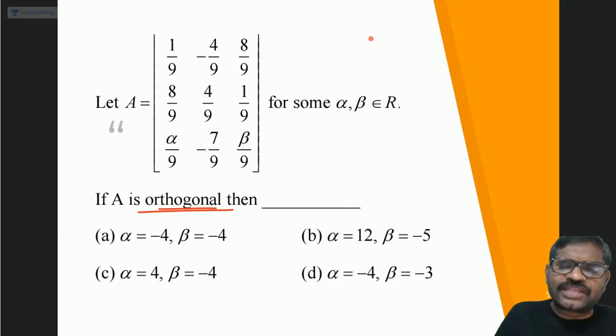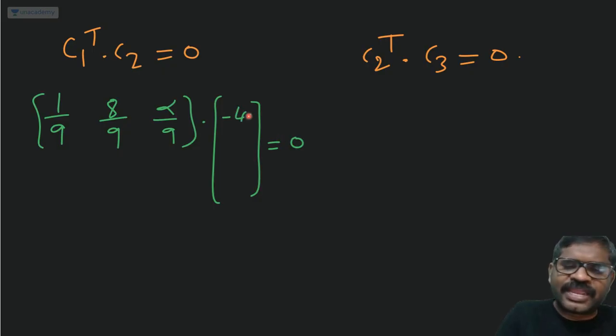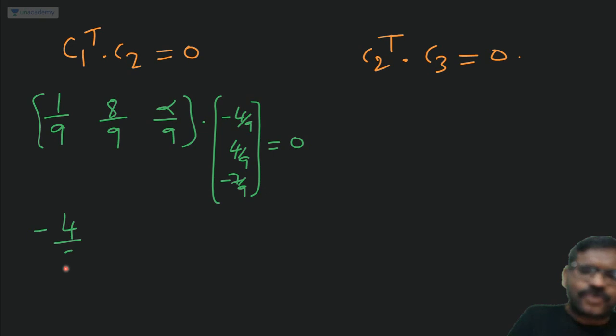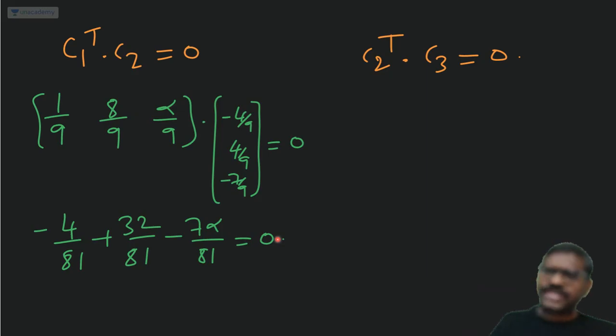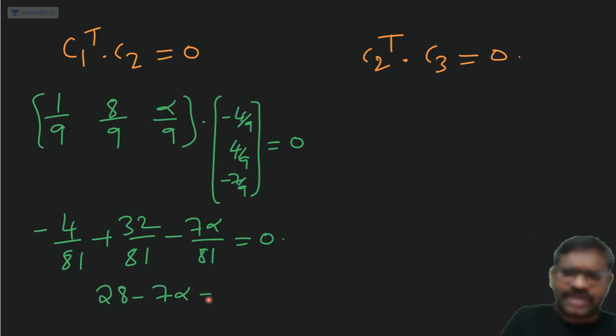C2 is minus 4 by 9, 4 by 9, minus 7 by 9. Multiply: minus 4 by 81 plus 32 by 81 minus 7 alpha by 81 equal to 0. You can take C1, C3, no problem. Now 28 minus 7 alpha equal to 0, alpha equal to 4.